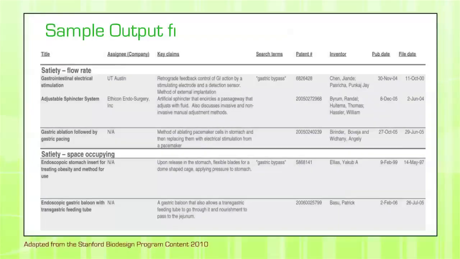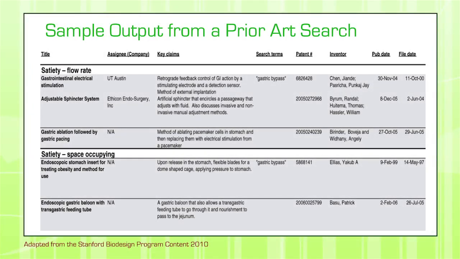But let's focus for a moment on putting your outputs of patent searches. So first, for a patent, you're going to put the title of the patent, or the title of whatever you're trying to describe. Then you're going to put who the assignee is, so who owns the idea, or at least who disclosed the idea. Then some of the key claims.